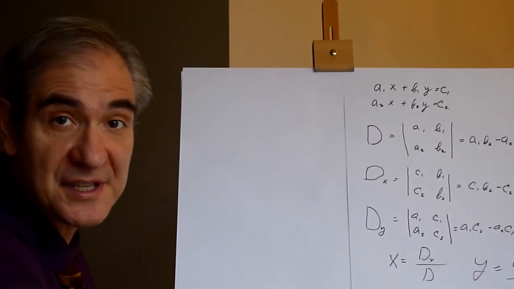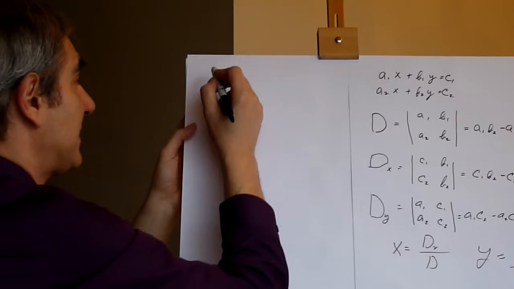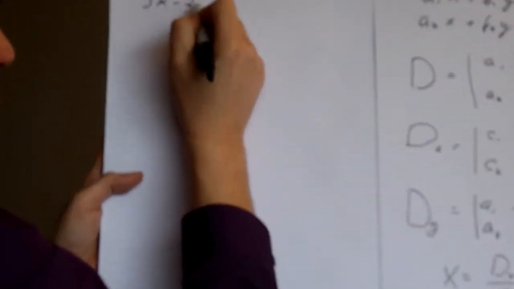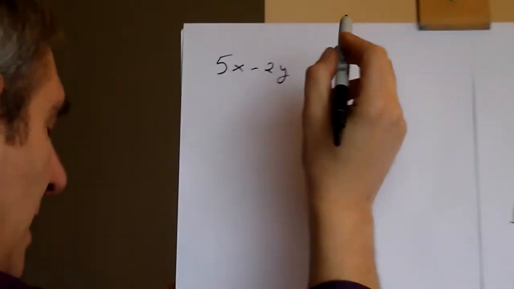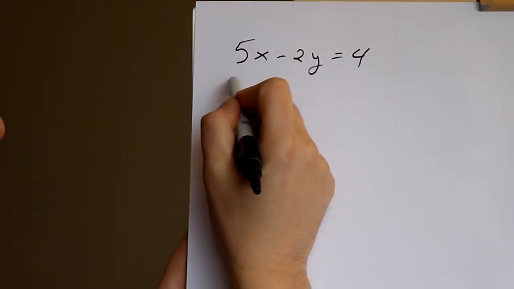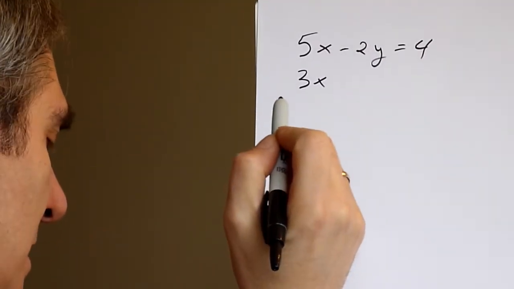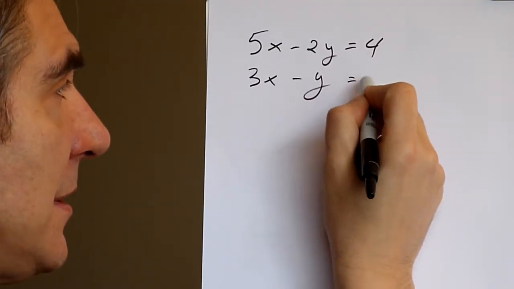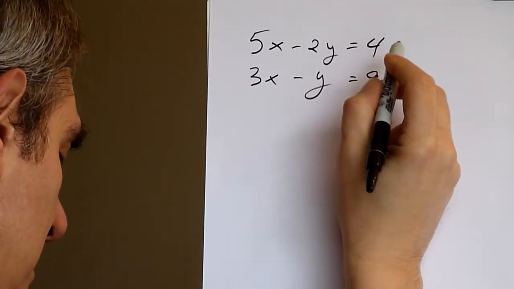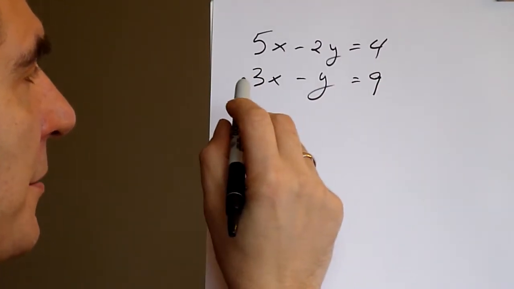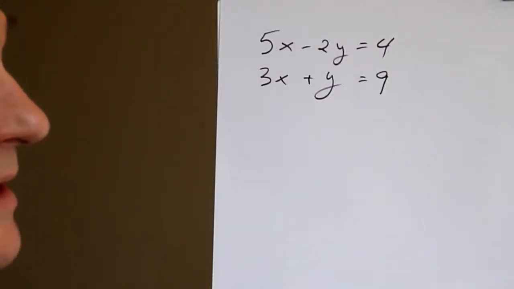Cool. All right, let's see if we can try to solve the system of equations. Let's say we have 5x minus 2y equals 4, and a second equation of 3x plus y equals 9.